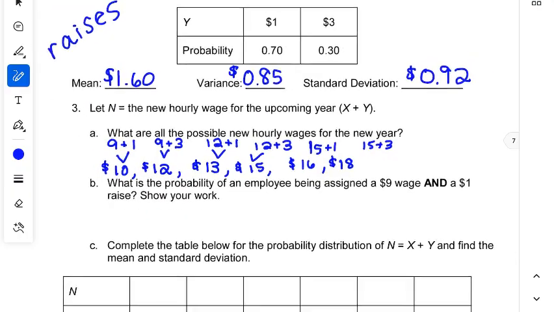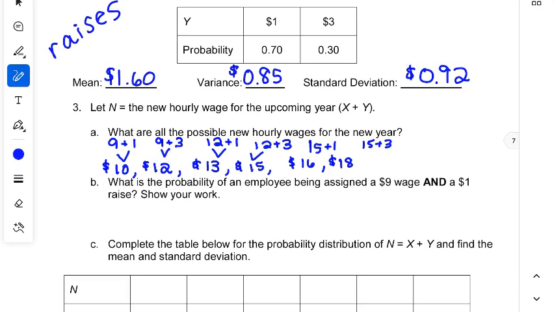We need to find out the probability of an employee being assigned a $9 wage and a $1 raise. So probability of $9 wage and probability of a $1 raise. Remember, these are independent, so whenever you do the and probabilities, we can multiply the two probabilities.